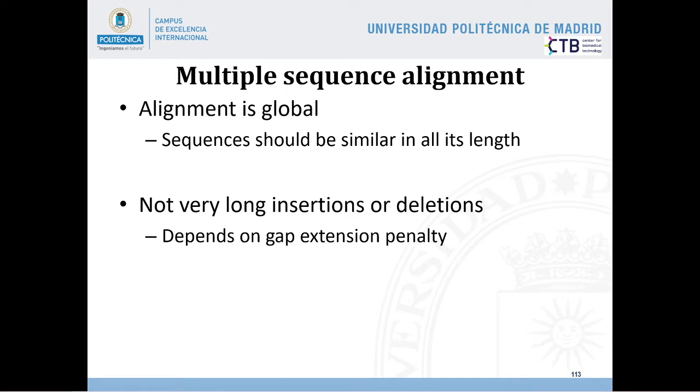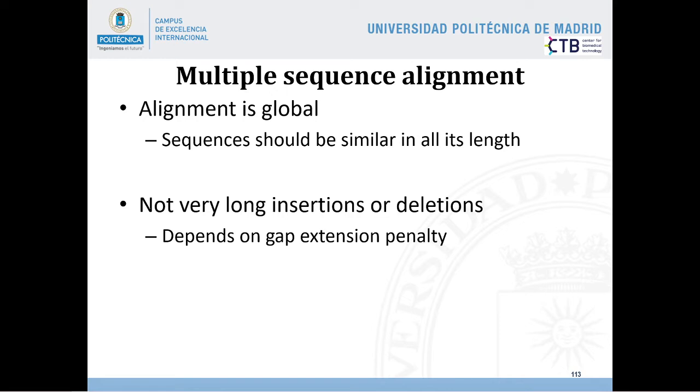So if, for example, we are trying to align two homologous proteins from two species that are phylogenetically very distant, the proteins are very conserved, but the species are quite different evolutively speaking, we might align quite easily the most conserved regions, for example the most conserved domains of the proteins.